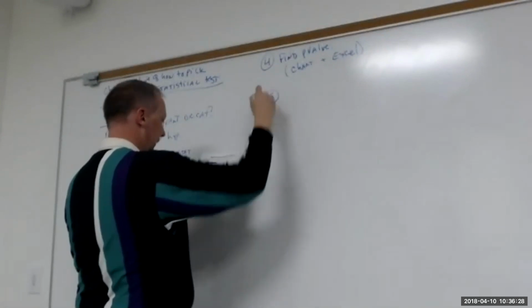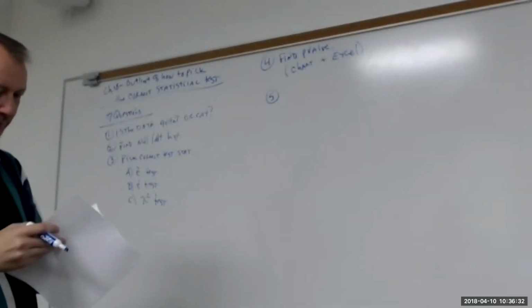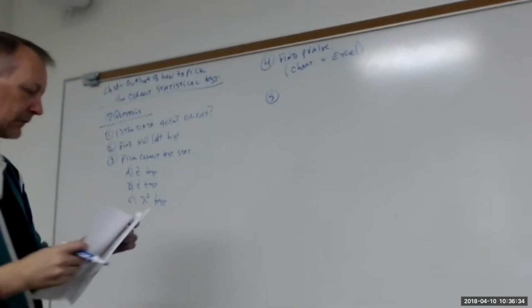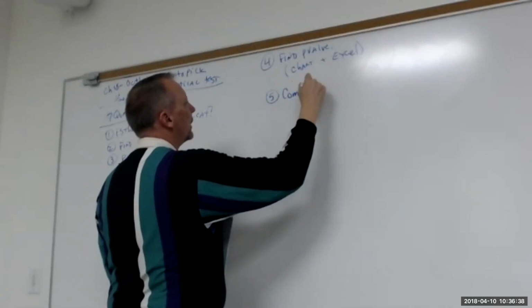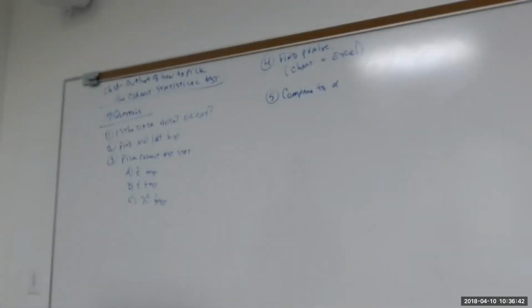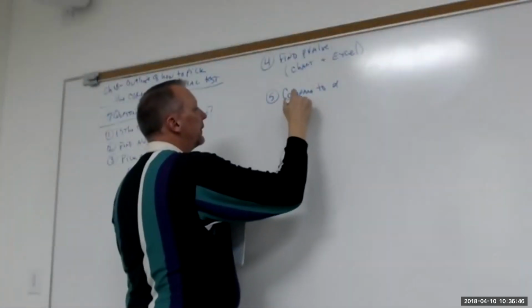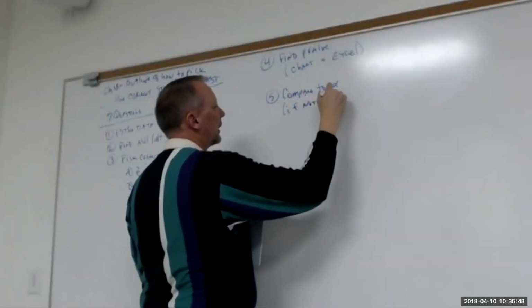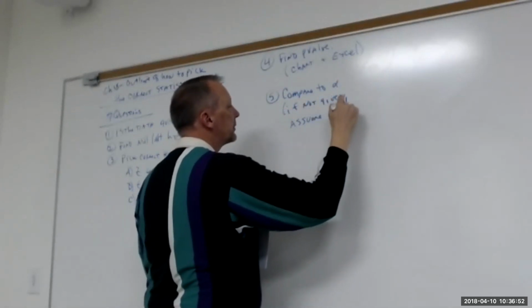Question 5 is compare to alpha. A lot of times I forget to give you alpha. If not given, assume alpha equals 0.05.